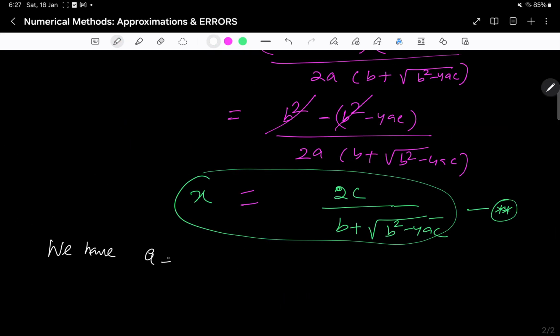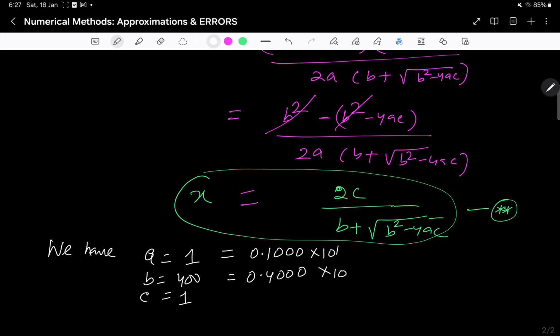I write it as 0.1000 into 10 to the power 1, and 0.4000 into 10 to the power 3.